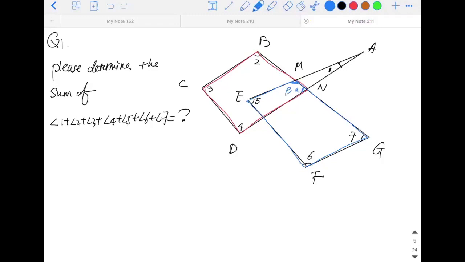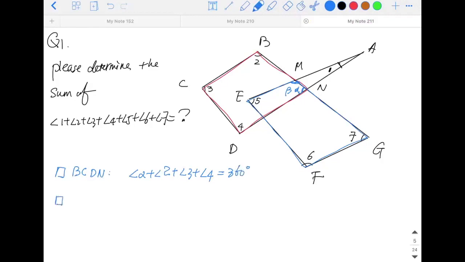Why am I saying this? Because these 2 quadrilaterals are each still missing an angle: one is missing an alpha, one is missing a beta. So let's denote them using alpha and beta. In this quadrilateral B, C, D, N, I have alpha plus 2 plus 3 plus 4 equals 360 degrees.